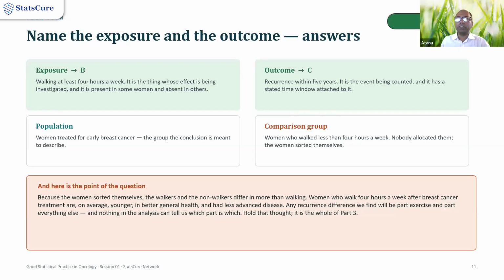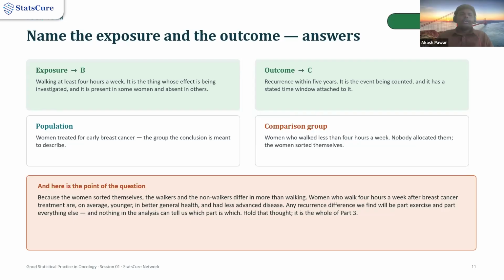Akash, would you like to take over now? Yes, sir. As we saw, walking was considered the exposure, and the recurrence was considered the outcome, which was very clear in this.